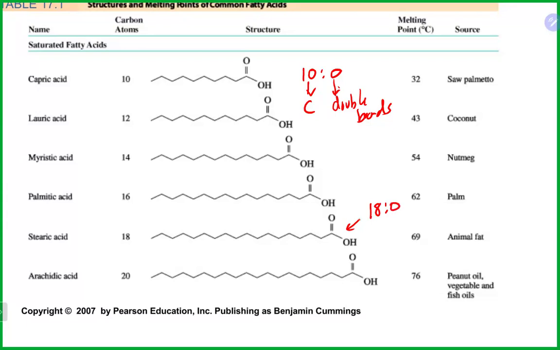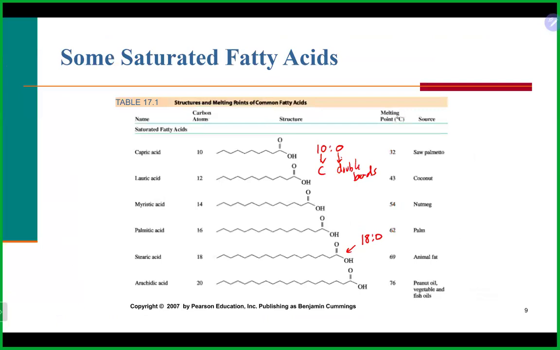It's got 18 carbons and 0 double bonds. So sometimes you'll hear a fatty acid referred to by two numbers. Again, the first number represents how many carbons, and the second number represents how many double bonds there are in that particular fatty acid. Obviously, these all have no double bonds, so these are all going to zero out on that second number. When we start getting double bonds, you'll actually have a number in there.